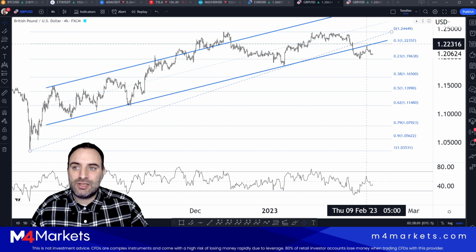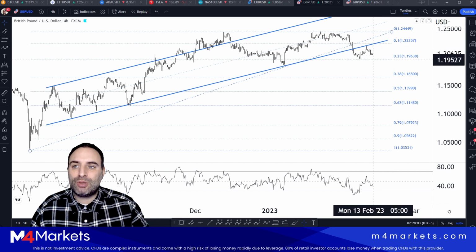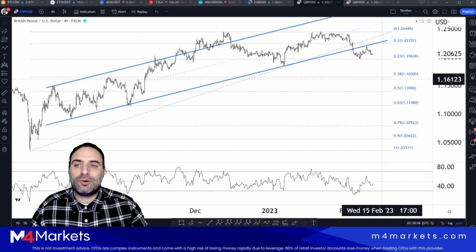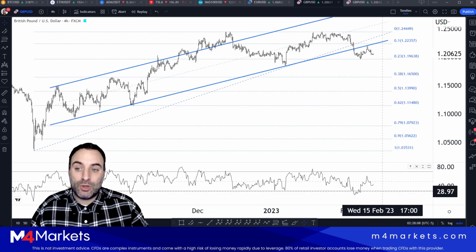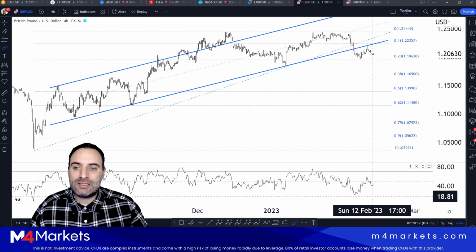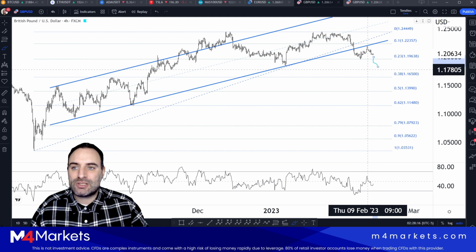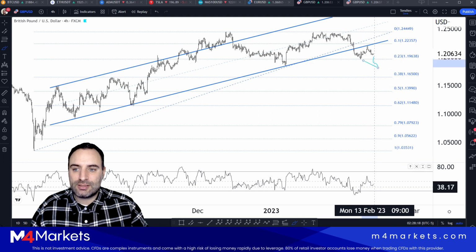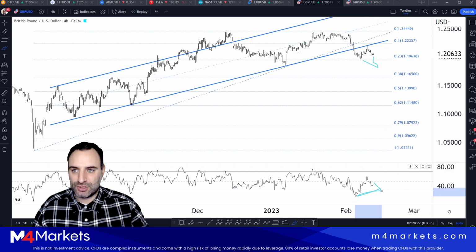So this rejection is more likely to offer one leg to the downside before we could potentially see another signal. And by the distance that we currently see between momentum and prices from the previous lows, doing something like this, it's probably going to give us another hidden bullish divergence signal.